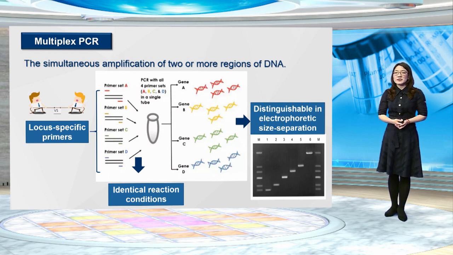Extensive optimization is normally required to obtain a good balance between the various loci being amplified. To this end, primers are designed in such a way that they are locus-specific. Even when used in identical reaction conditions, the result of the multiplex PCR is a mixture of products which are nevertheless distinguishable in subsequent analysis by electrophoretic size separation.